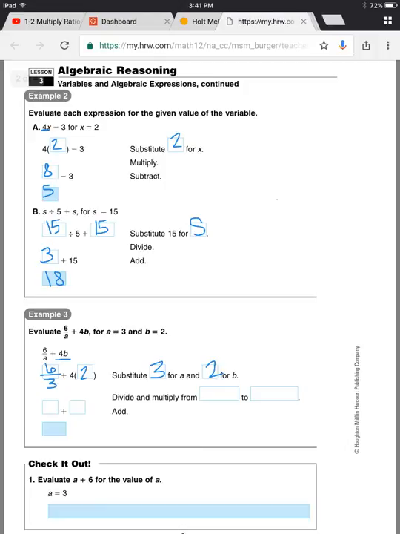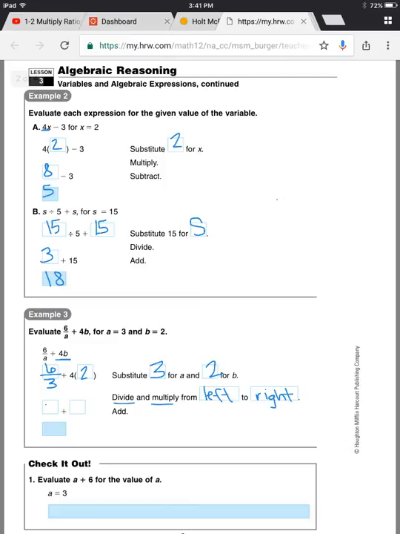And then we need to follow the order of operations. I have division, addition, and multiplication in there. So because I see division first, I'm going to divide and then multiply from left to right.